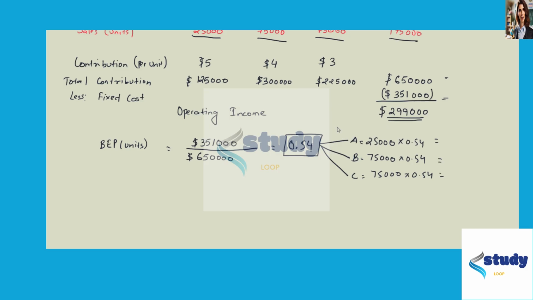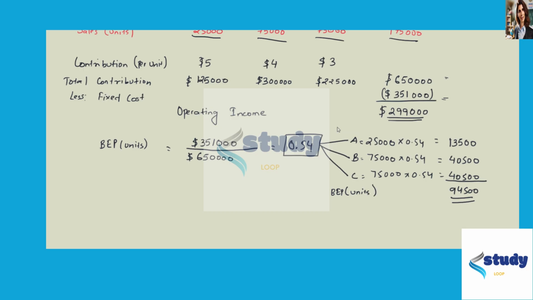So 25,000 into 0.54 is 13,500. For B it will be 40,500. For C it will be 40,500. So if we total this thing, then we will have total break even point, that is 94,500. So this is our break even point in units.